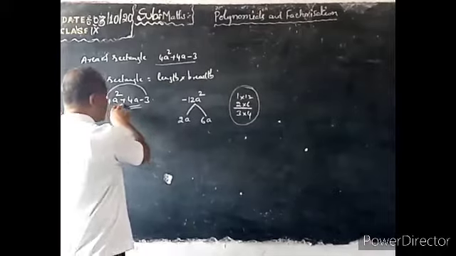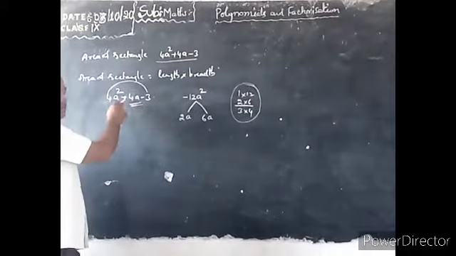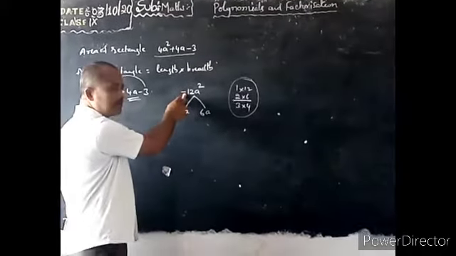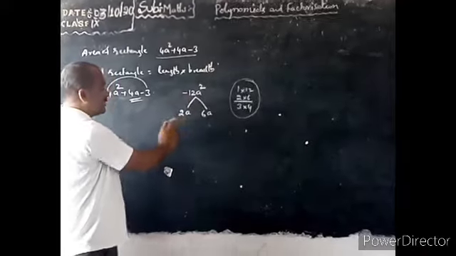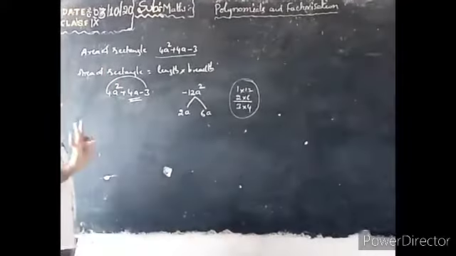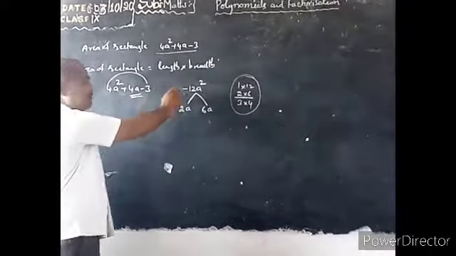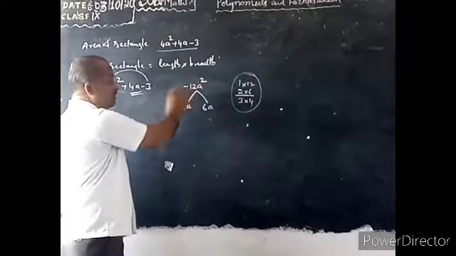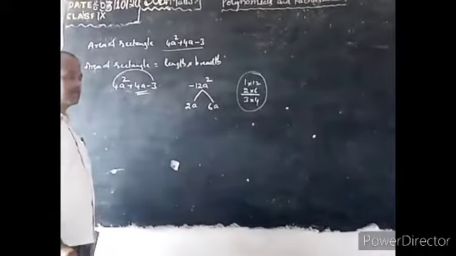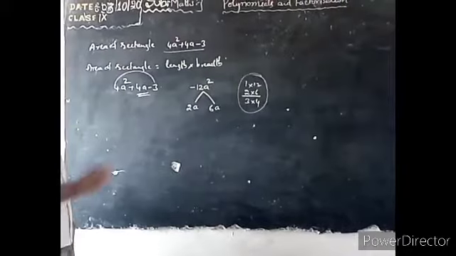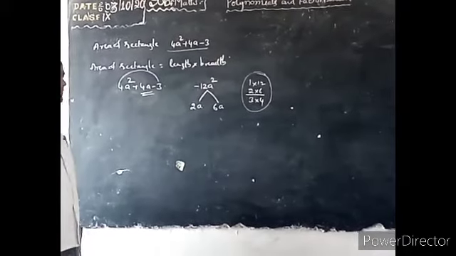In the middle term, what symbol does it contain? Plus. But in the product, what symbol does it contain? Minus. So for one number you should keep minus, then only it gives minus 12a square. So which number should you keep minus? Either 2a or 6a.